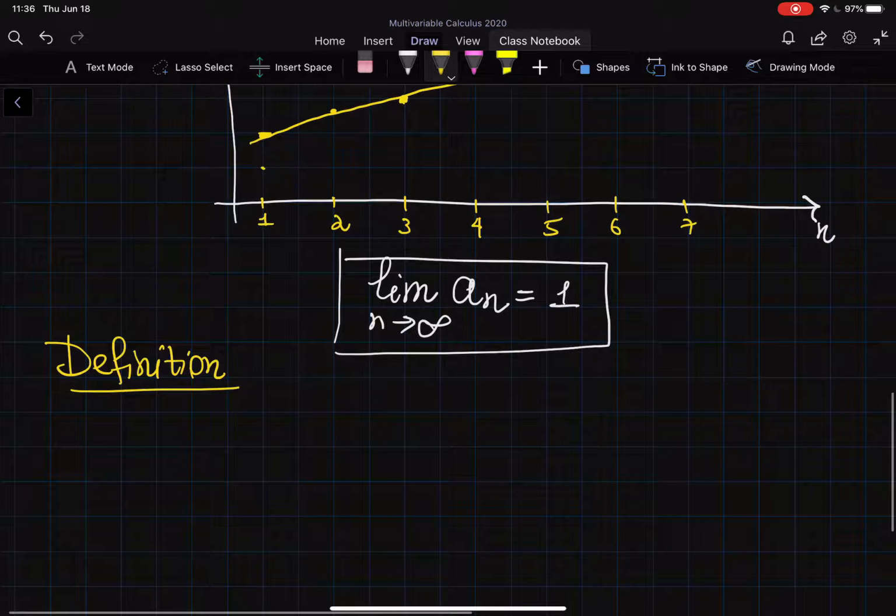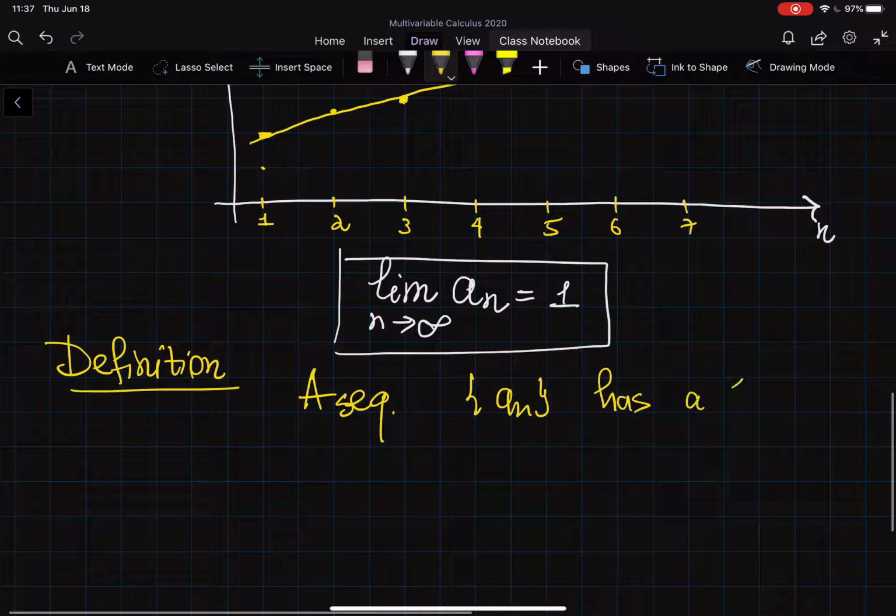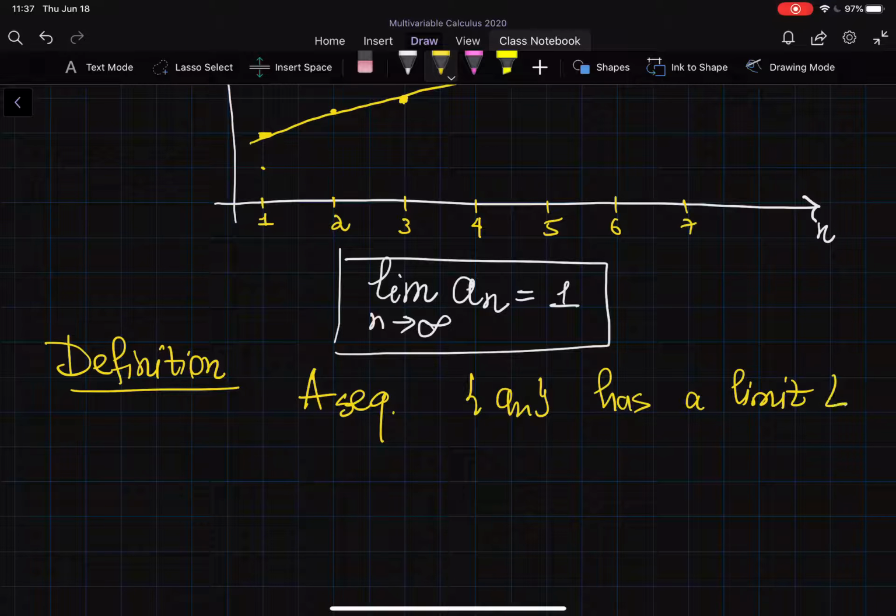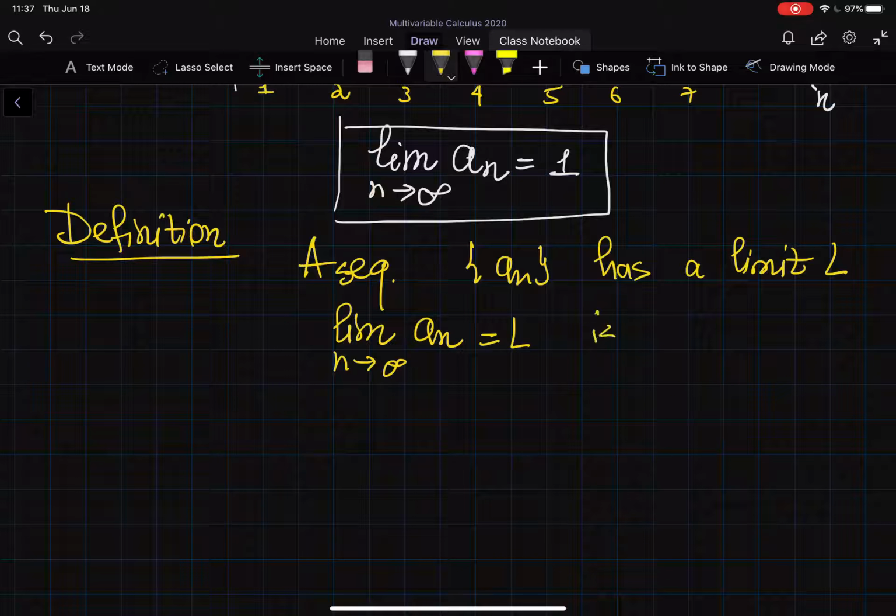We say that a sequence a n has a limit L. It means that when we find the limit of the general term of the sequence when n goes to infinity, it is going to be equal to L. And if this exists, we say that the sequence is converging, or the sequence converges. So let's do a couple of examples of how to find the limits of sequences, or whether the sequences are going to converge or diverge.